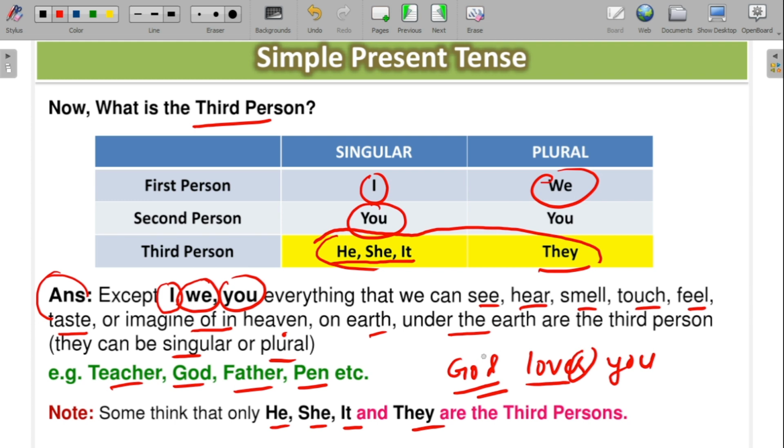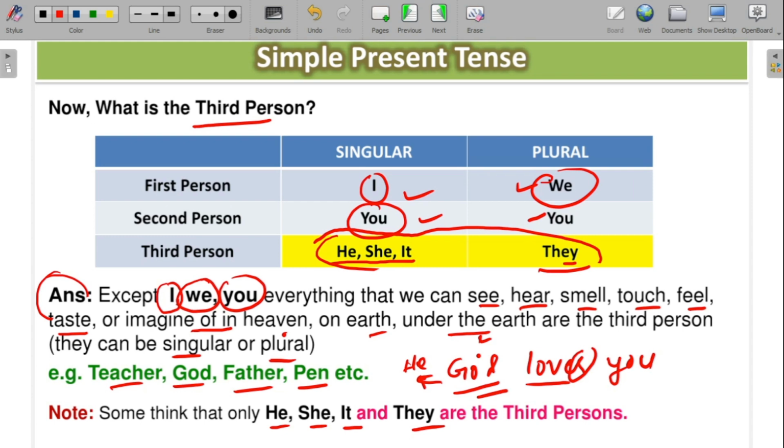God is not I, God is not we, God is not you, and God is not they either. So it is considered third person singular. When we use a pronoun instead of the noun God, we use the pronoun he. Instead of God loves you, we can say he loves you. So this comes under third person singular.